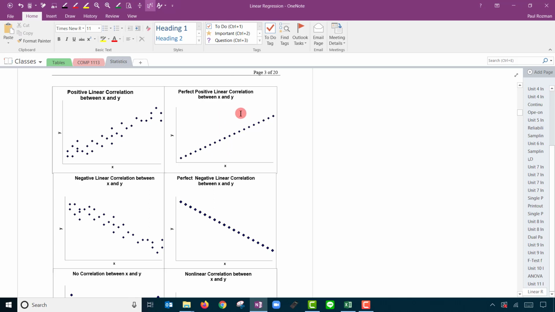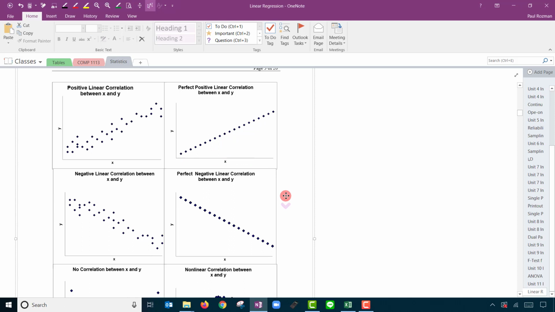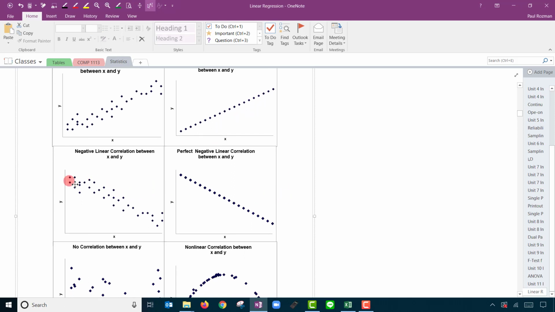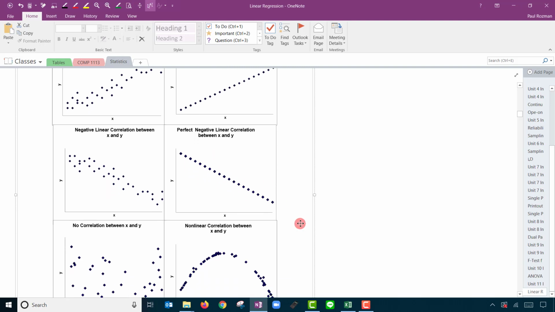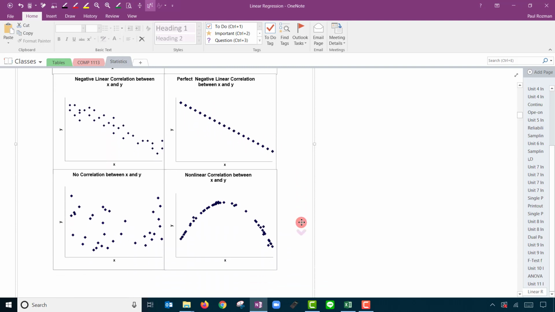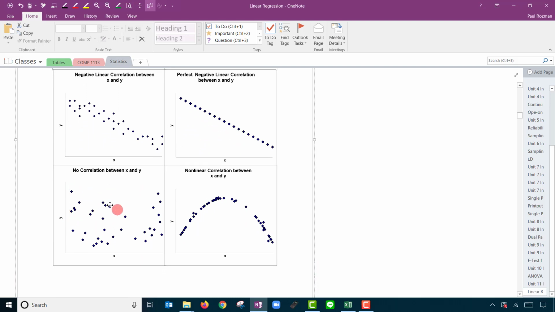Here's a perfect positive linear correlation where every value of y falls right on this line given a value of x. And then we have negative linear correlation, and then perfect negative linear correlation, just negative slopes. And then, oftentimes there's maybe no correlation between the variables, just a random scatter where given a value of x, you have pretty much no idea what y might be.